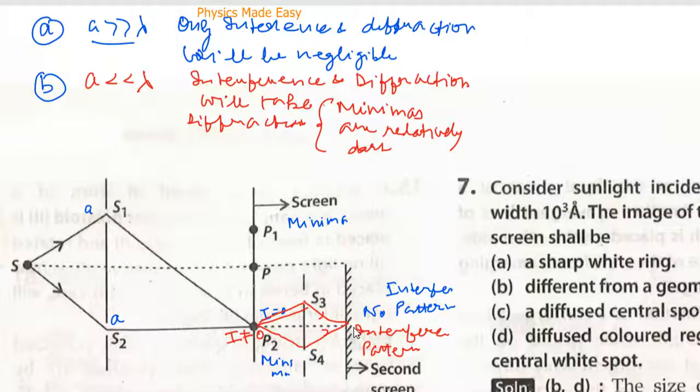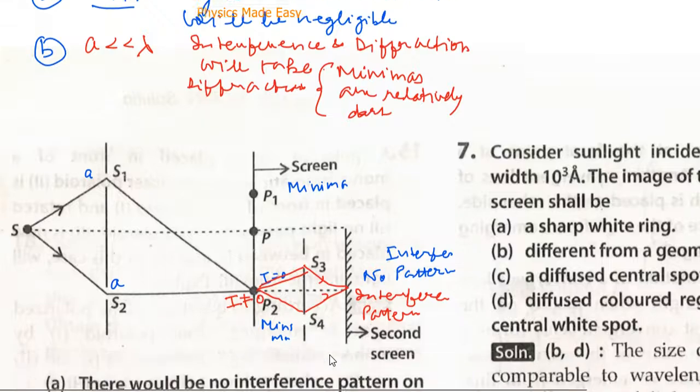I have taken here only an interference pattern because in this diagram the slit is very wide. In this diagram the slit is not that wide. That's why I have taken this liberty here.